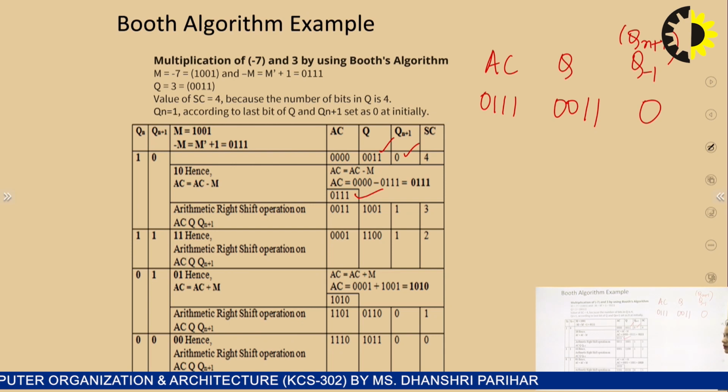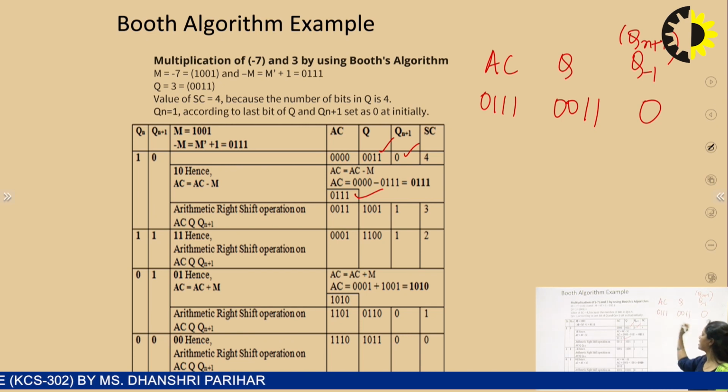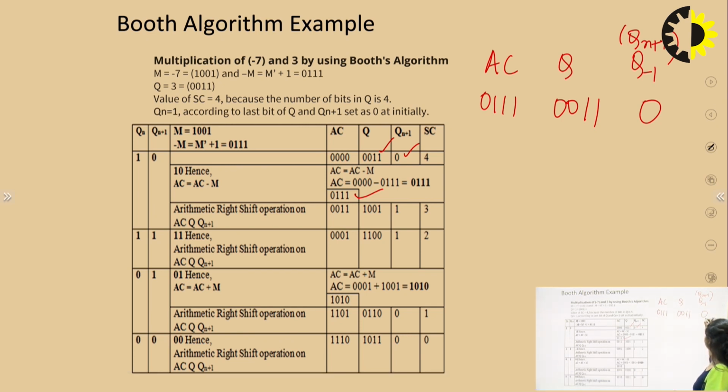Now what we have to perform? The arithmetic right shift operation, and in that operation we have to move them towards the right hand side. So what will we do? This 0 will get vanished, and what will we get? We will get 1 at this particular location in place of this 0. And here we will get this 1, here we will get this 0, here again 0, and in place of this 0 what will we get?